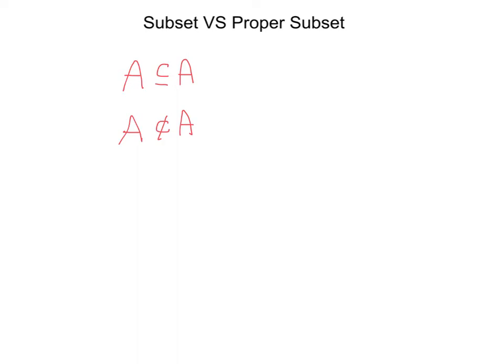The second thing to take note of is that the empty set, or the null set, is a subset of any set that you might have, because you can always create the empty set, and its elements clearly will be in whatever set you have.